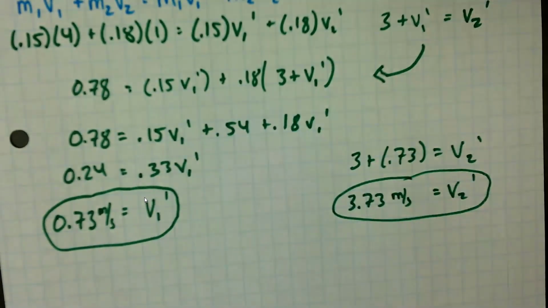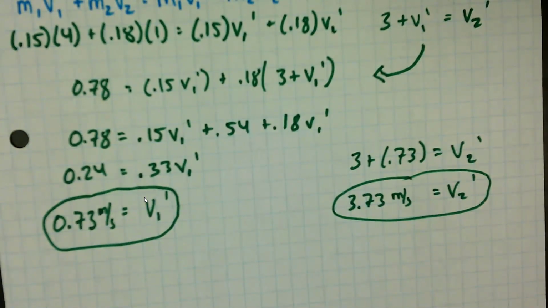So elastic collisions are cool because you can take only initial conditions and solve for final conditions, right? I only told you what it was doing beforehand, and you were able to figure out what it was doing afterwards. You can do that for totally elastic collisions and totally inelastic collisions.